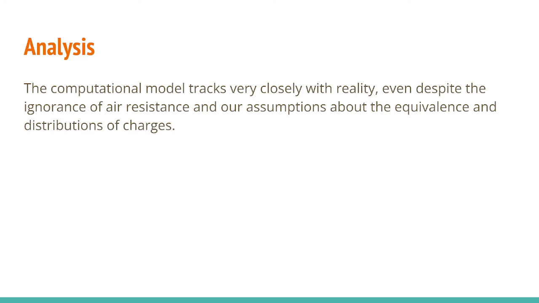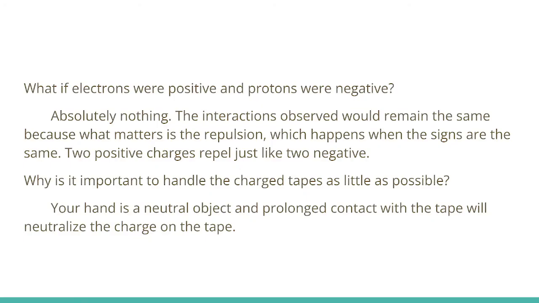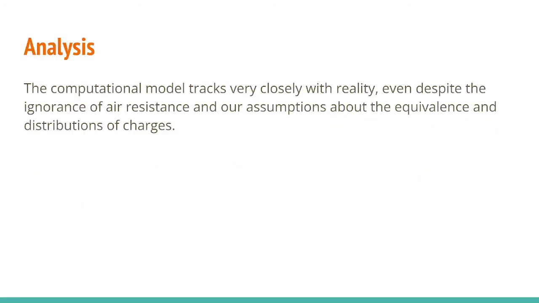So just a general analysis of this. The computational model we created, which you can see here, did track very closely with reality, even despite the fact that we're ignoring air resistance and we're treating it as point charges instead of distributed charges. And they probably honestly were not equal charges.